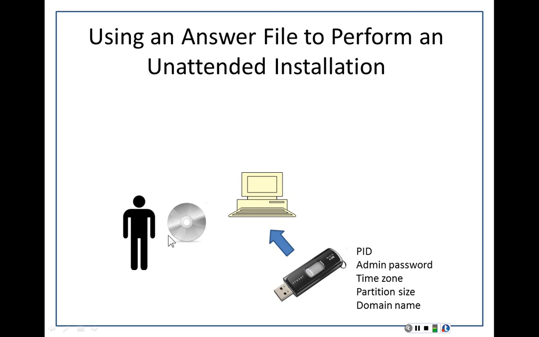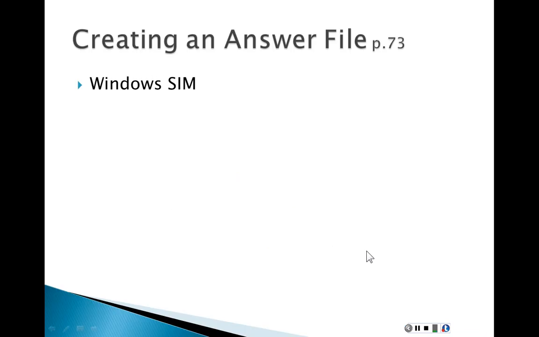So when you boot to the installation DVD, the Windows 7 installation DVD reads these variables in from the USB drive during the installation, so you don't have to stand there and type in those variables. To create an answer file, you use the Windows System Image Manager.